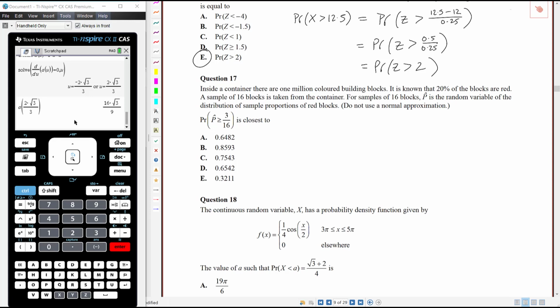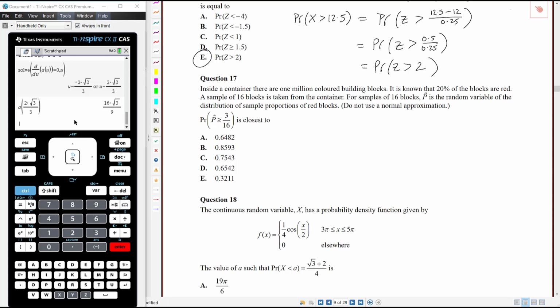But the fraction's so large, the denominator's so large, that it's still very close to 20%. So essentially, we can assume that the probability of making any selection is a 20% chance of getting a red. A sample of 16 blocks is taken from the container.